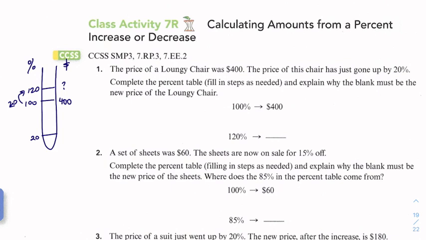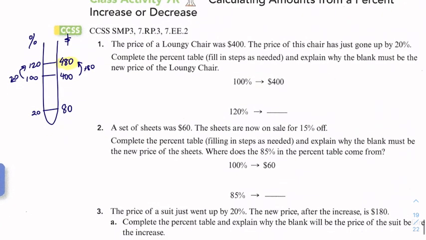Well, 20 is a fifth, so a fifth of 400 is 80. So the 20% that went up is actually plus 80. So this should be $480. So that was an increase in price. Let's look at number 2. A set of sheets was $60 and it's a 15% sale.